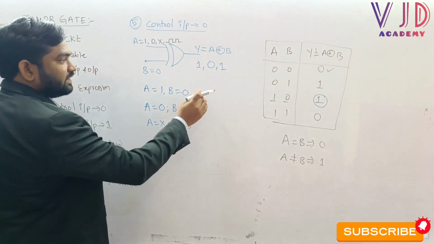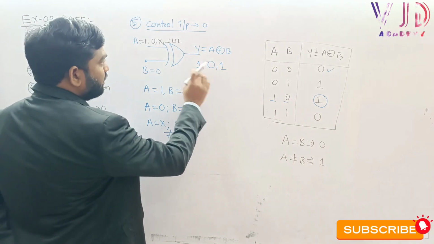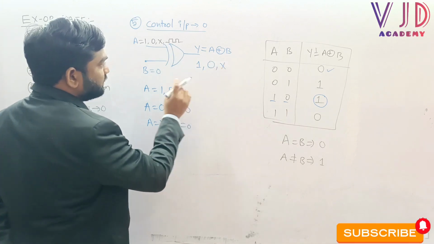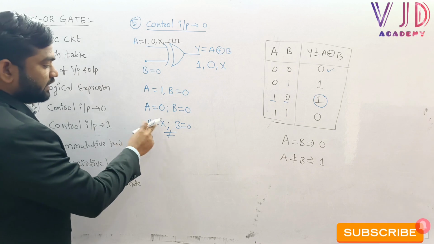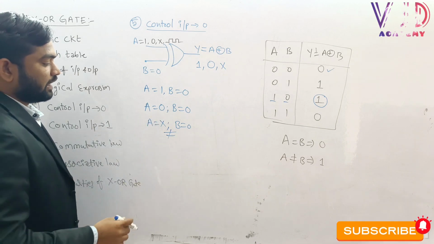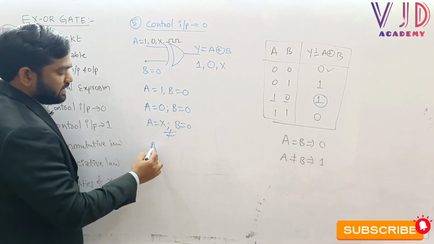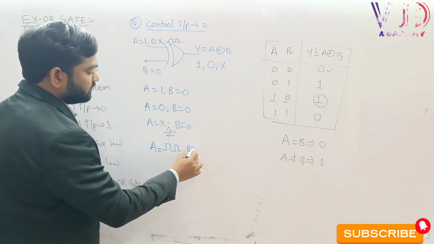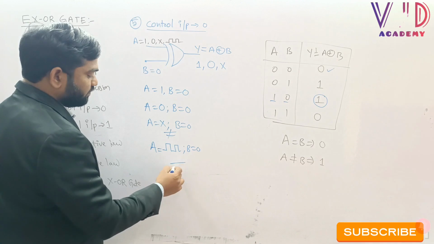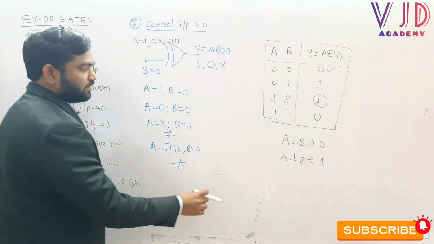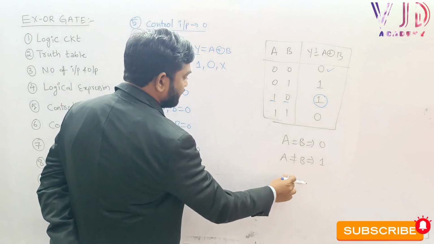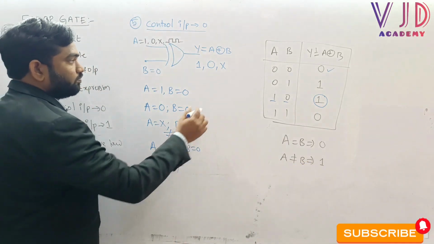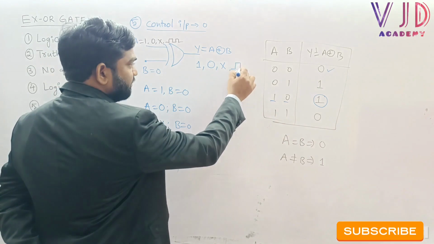Or I can also write X instead of 1, because we are applying one of the inputs as X. Now the fourth input, A equal to square wave and B equal to 0. Again both inputs are not equal, so based upon the truth table, when A and B are not equal, we get output as 1. So here we get output as square wave.